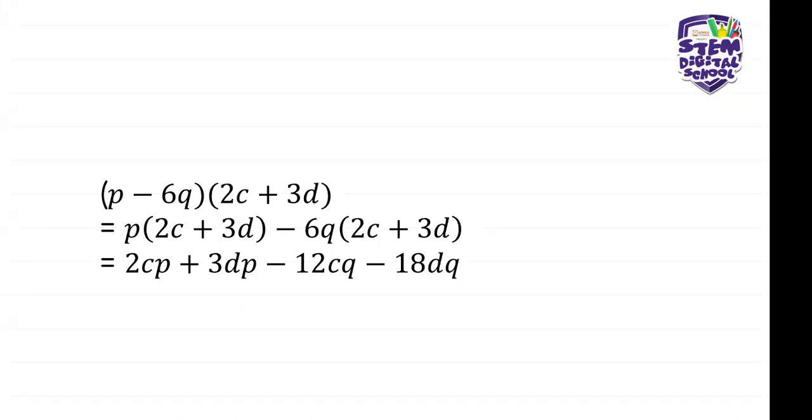And then Q times D will give you DQ. Remember, we write it in alphabetic order. So it will be negative 18DQ. So at this point, I've decided to leave our answer there.